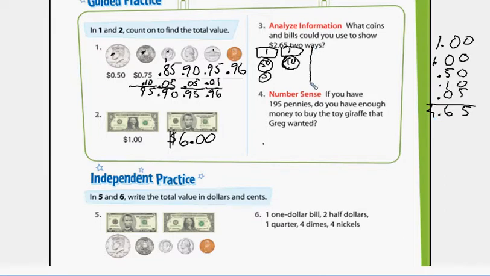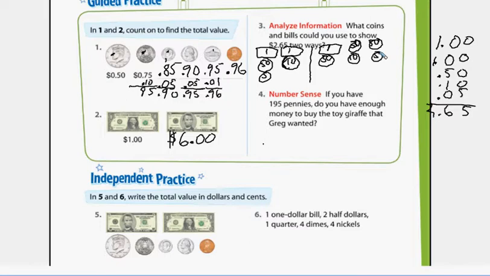Okay, another way to do it. We go ahead and do $1. I do 2 half dollars, which will equal $2. I do another half dollar. Okay, I do my dime, and I do my nickel.